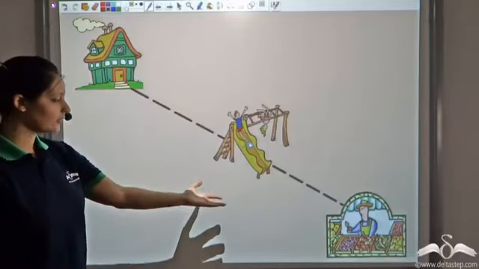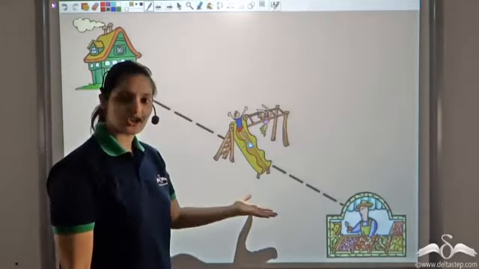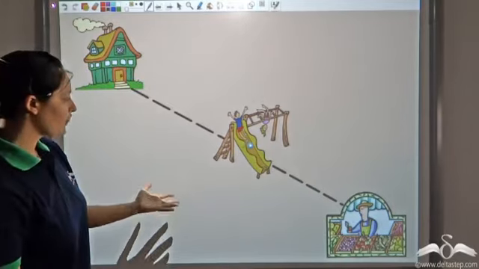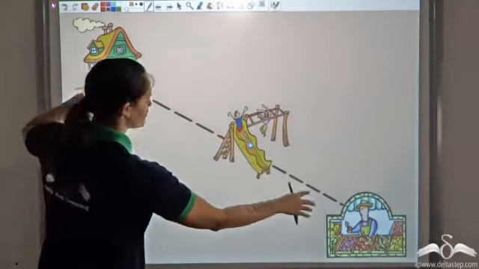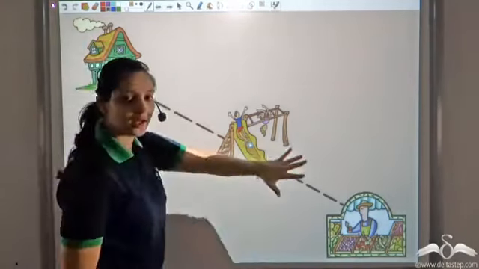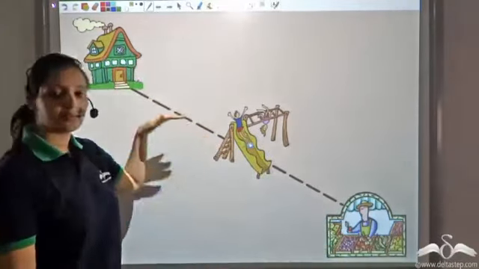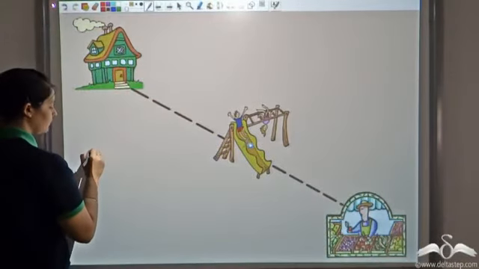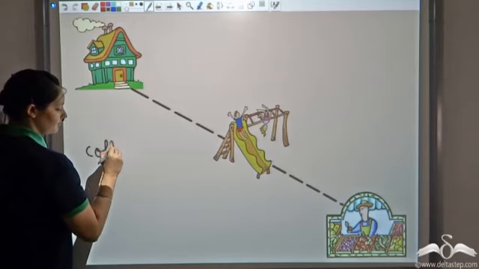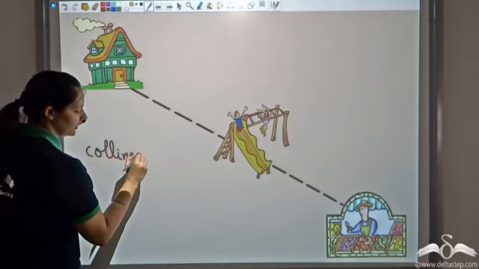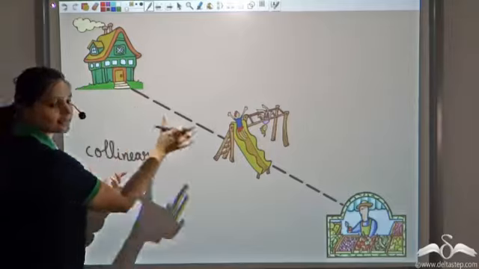Well, clearly not. What is it that changed in this picture here? We see that these three things, the house, the playground and the market, are on the same line, or I can say they are collinear.